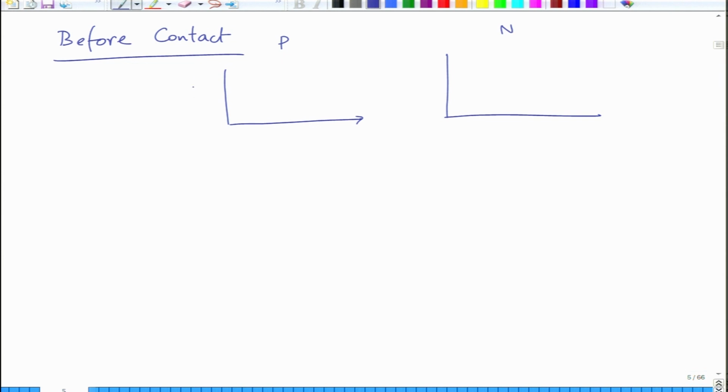If I plot P plus density, it is like this, okay, and in the N side, P plus is very small. This is X, and somewhere here you have the interface, before the contact. So this is the positive charge carrier density. Positive charge carrier density is very high in P type semiconductor, and very small in N type semiconductor.